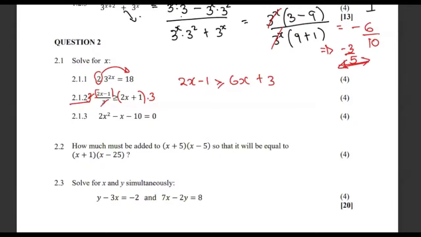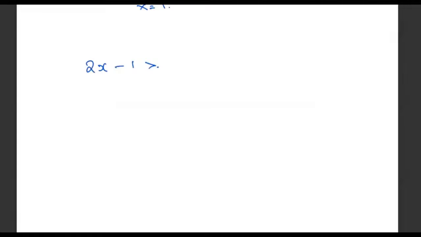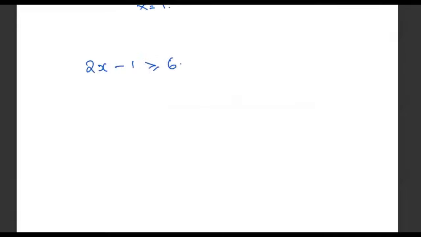Now, when you're solving algebraic inequalities, it's just the same as the equations, whereby we have to isolate the unknown. So let's move the 6 that side. It's 2x minus 6x is greater or equal to 3 plus 1. So 2x minus 6x will give us negative 4x is greater or equal to 4.